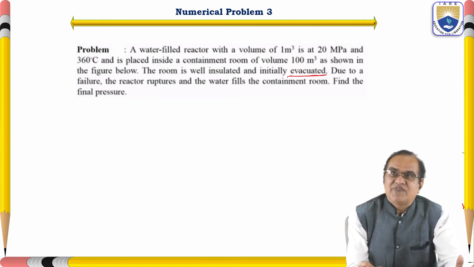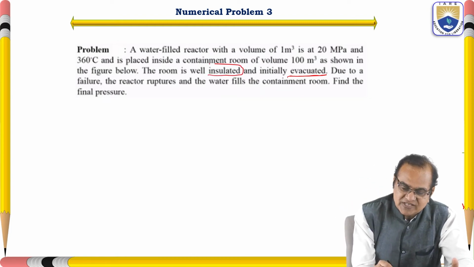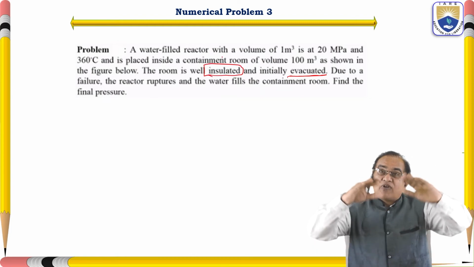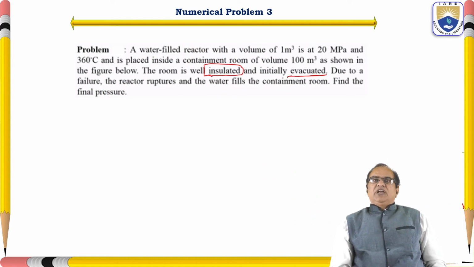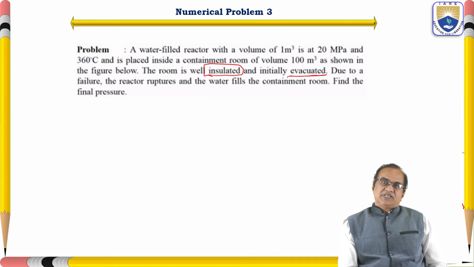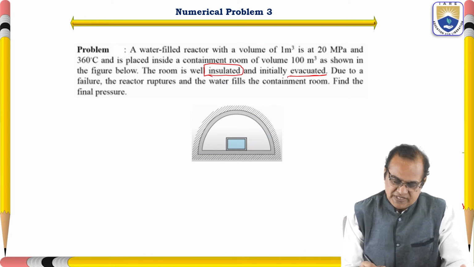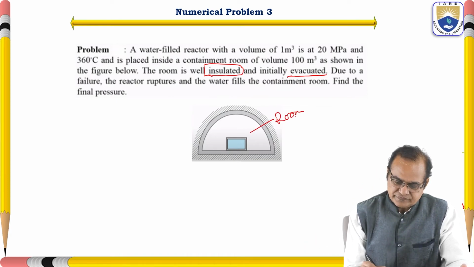From here you can identify this. Due to failure, the reactor ruptures and the water fills the containment room. Find the final pressure. So we have to find out the pressure with the help of this diagram. This is the room here. This is the reactor.